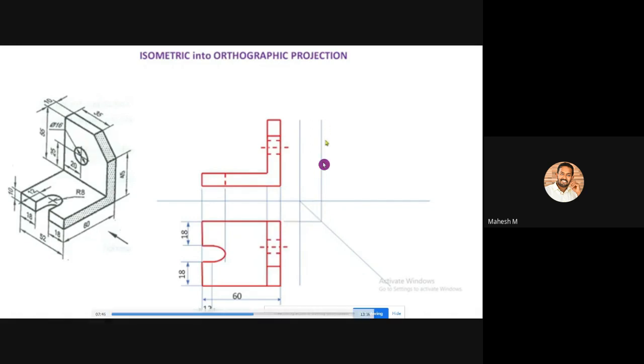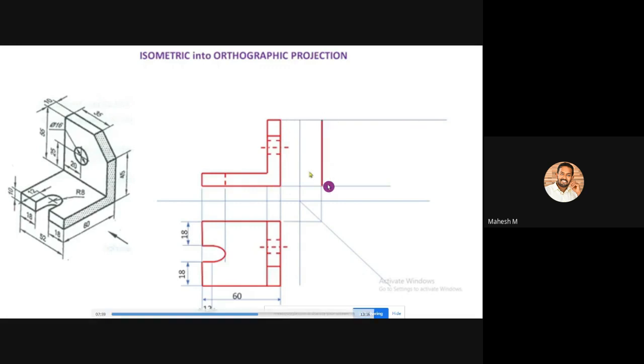First, try to project the outermost portion. This is the outermost portion of your top view. Project the outermost portion, and also project your front view. Here it is projected, and here it is projected.